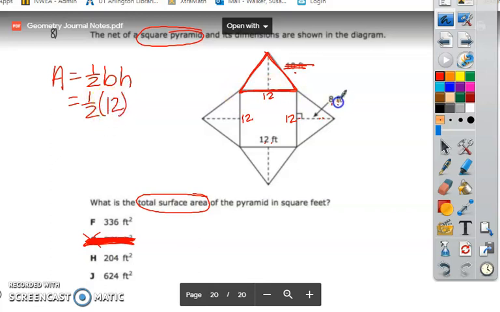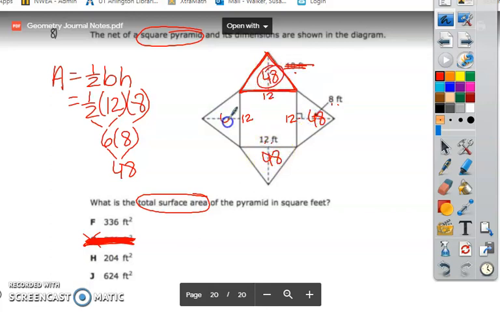Okay, so half base, and don't use 10, use 8 for the height, okay? Half of 12, 6 times 8 is 48, okay? So my triangles are all 48. So what I'm going to do is start by doing 48 times 4.